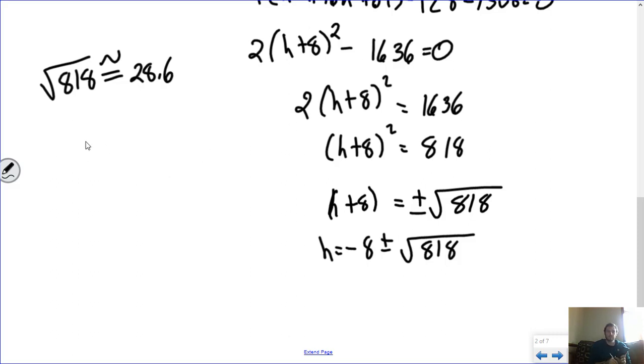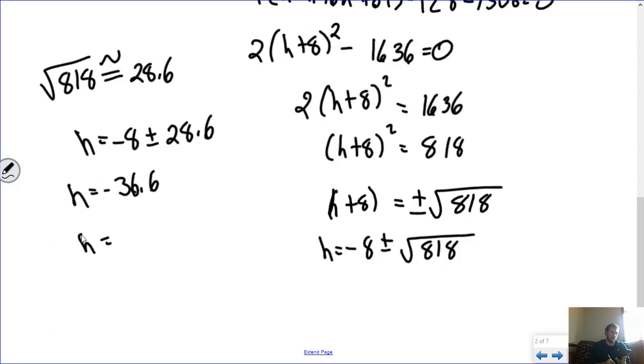So the height of my television is going to be equal to negative 8 plus or minus 28.6. If I take the negative 8 and subtract 28.6, I get a height of negative 36.6. Or if I add 8, I get a height of 20.6.